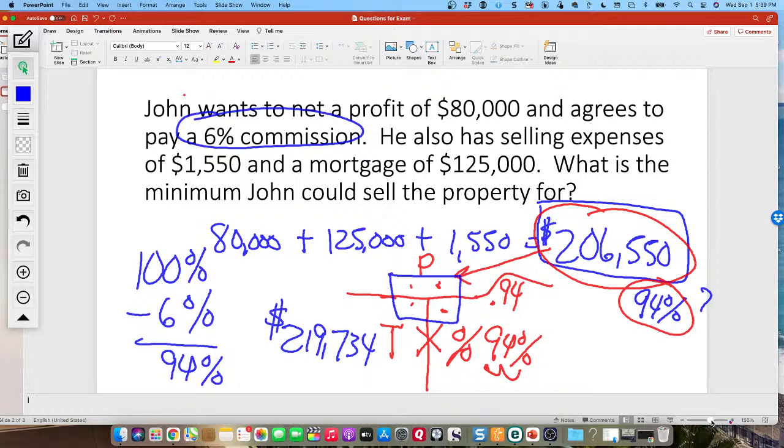And then you're going to just divide the part, the smaller number on top, hit the divide button, put in the 0.94, and that will give you the price that you need to list the property for, the minimum price to help the seller net that amount.